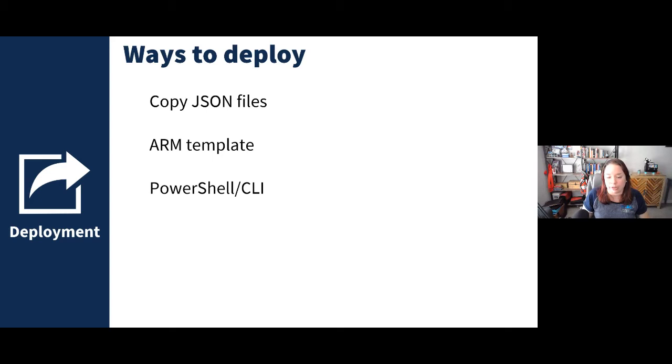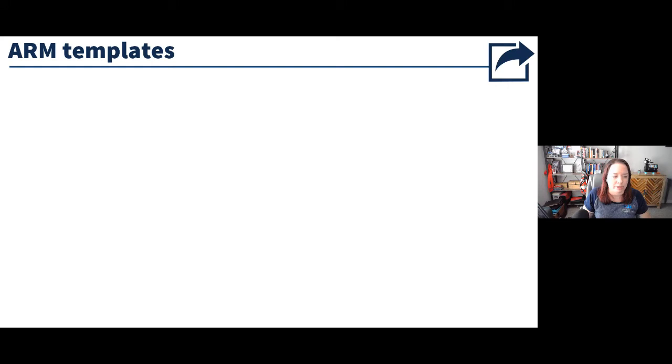There's PowerShell or CLI for Azure Data Factory, so you can interface with the service that way. My preferred way is a DevOps pipeline. And so we'll talk about both ARM template and DevOps in a little more detail.